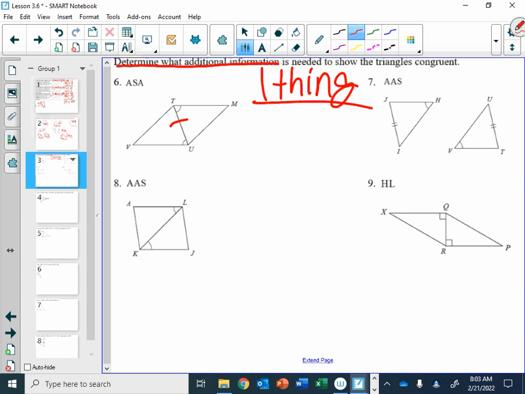So now I've got an angle and a side, I need another angle. Be careful where this angle goes, because the side must be in between the angles. If it's not in between the angles, then it's not angle, side, angle. Where would these angles be? You're correct, but I can't just name it as T and U because, for example, U is this entire angle, whereas I don't need the entire angle.